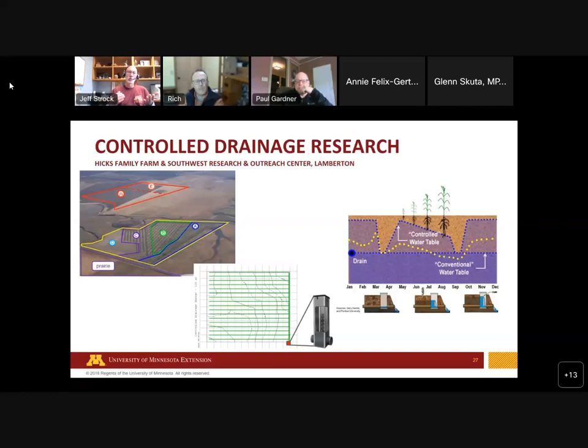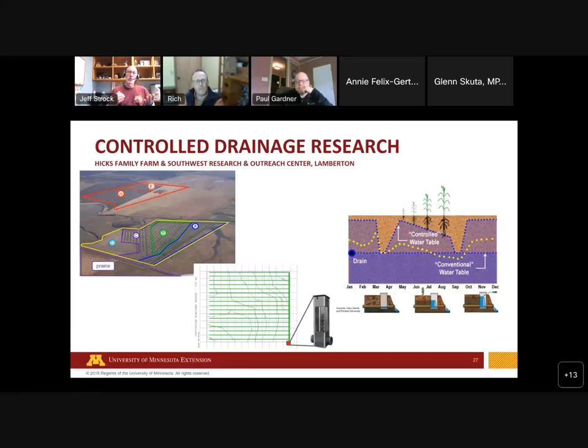The main limitation of this practice is that it's a topographic limitation. The fields where this can be implemented have to be very, very flat, like almost tabletop flat. You can put them on slopes up to 2%, but then the contractors need to be trained in putting the tile in on the contours of the field in order to make the system actually work.